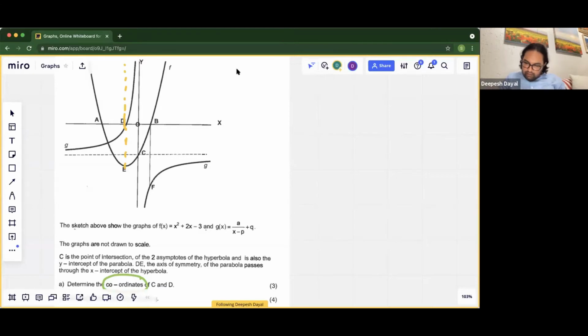A, we're going to say C is the y-intercept of the parabola, and at the y-intercept, the x equals 0.